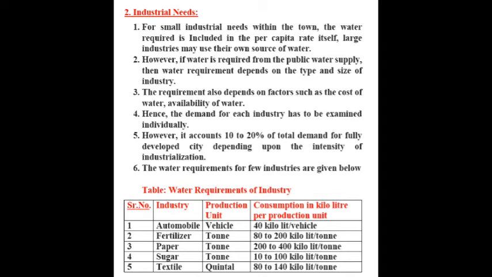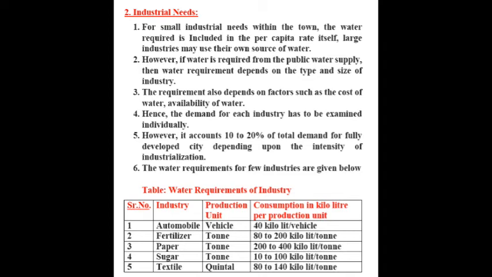Point 4. Hence, the demand of each industry has to be examined individually. However, it accounts for 10 to 20% of total demand for a fully developed city depending upon the intensity of industrialization. The water requirements for a few industries are given below in the table.